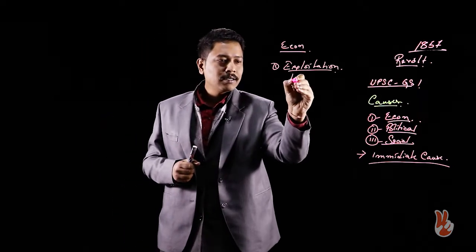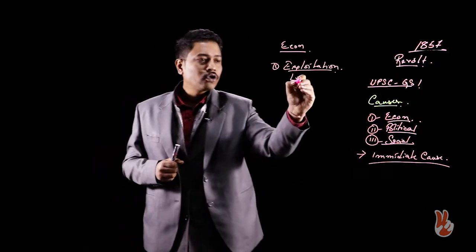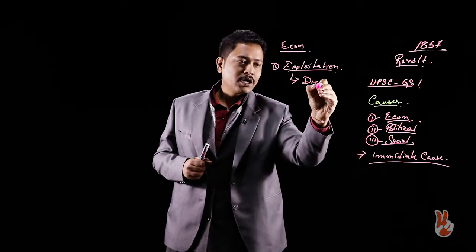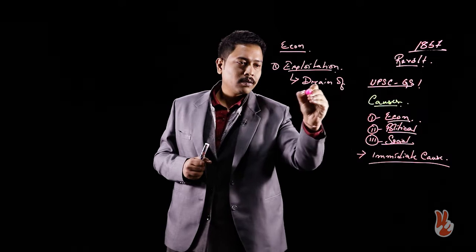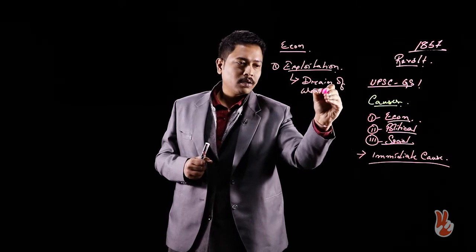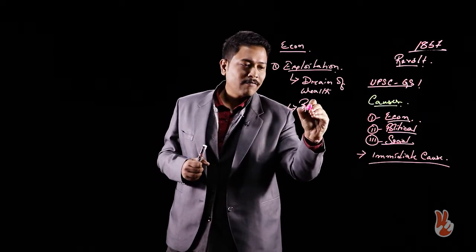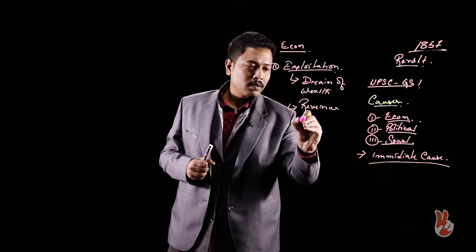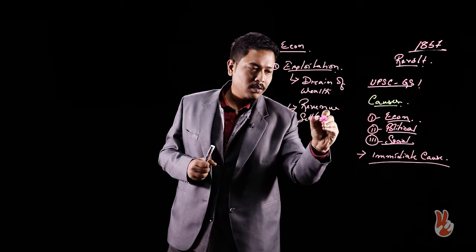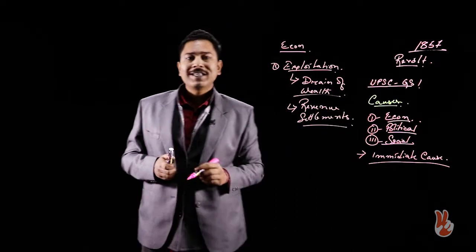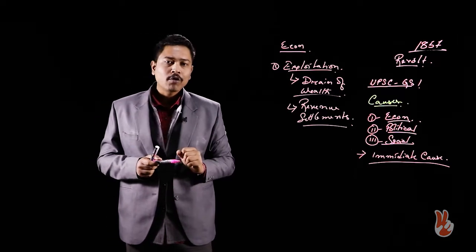This you can say is characterized by drain of wealth as well as the revenue settlement. Revenue settlements that came into being with the establishment of British power over India.